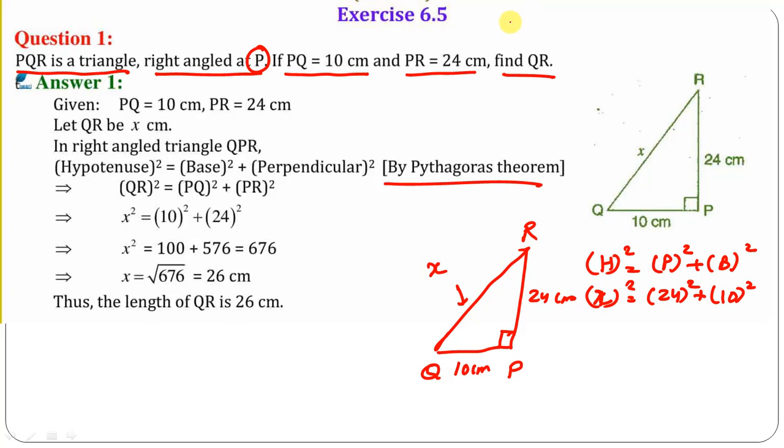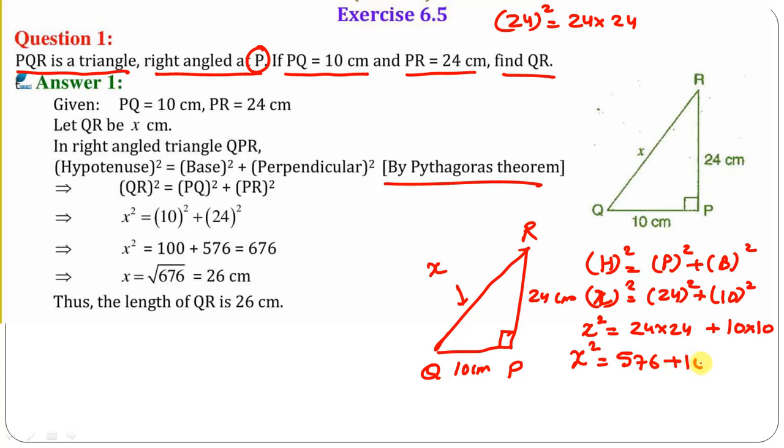How do we solve the square? 24 square means 24 is multiplied 2 times. So x square is equal to 24 into 24 plus 10 into 10. 24 into 24 is 576, 10 into 10 is 100. So x square is equal to 676.